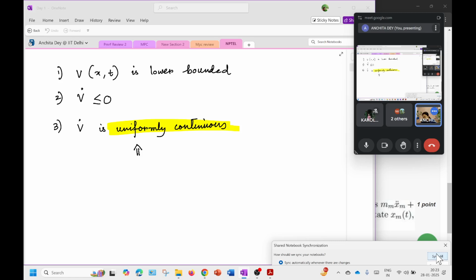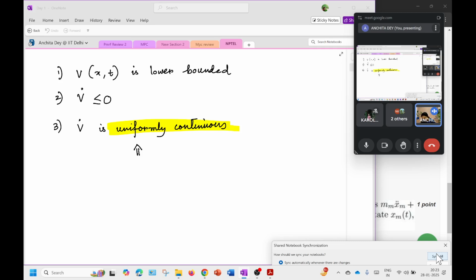So if conditions 1, 2, 3 are satisfied, then the limit as t tends to infinity of V dot is equal to 0.